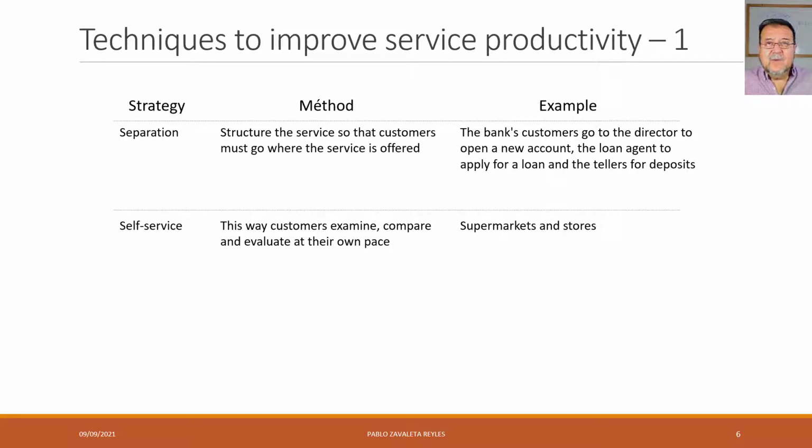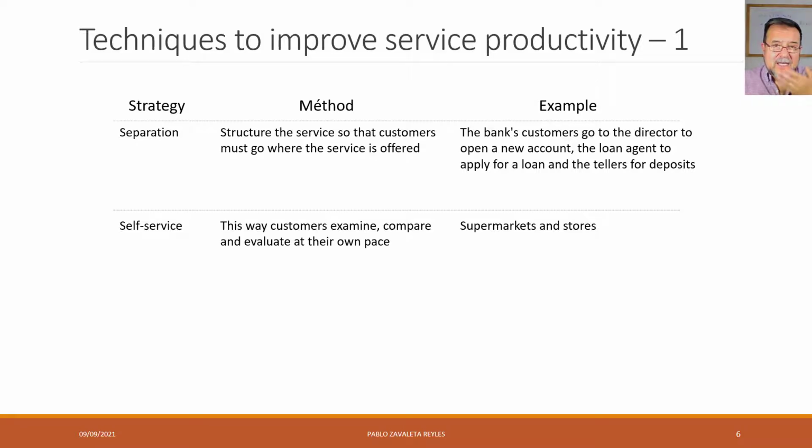We also use self-service. Customers can then evaluate and compare at their own pace. This is used in supermarkets and stores essentially, but also, for example, with ATMs, automatic teller machines. So the customer just goes into an area and walks at his own pace.